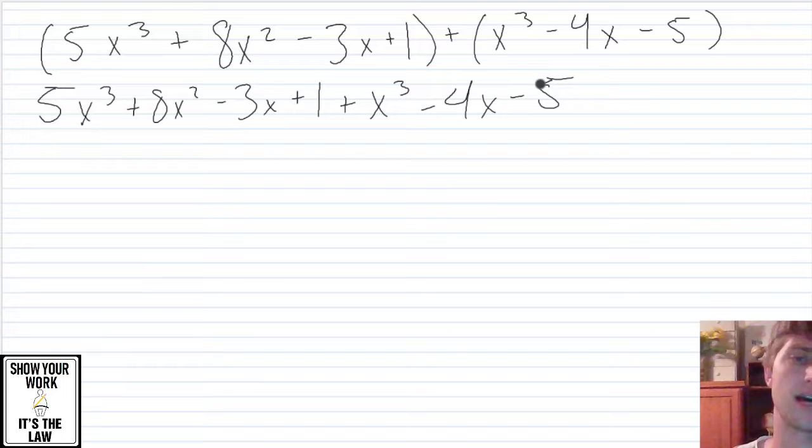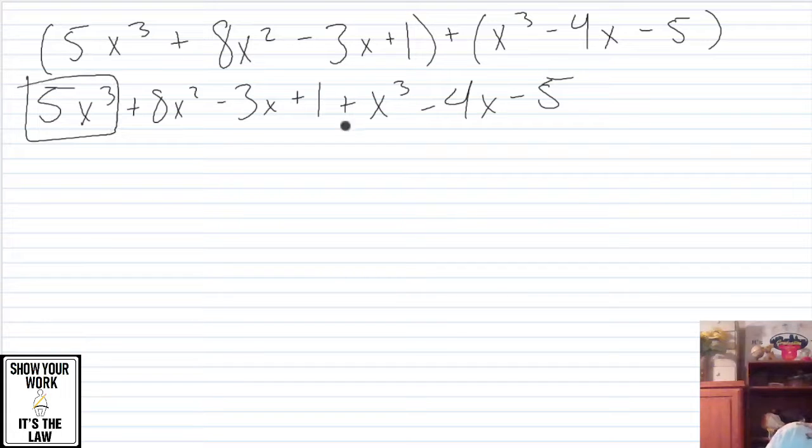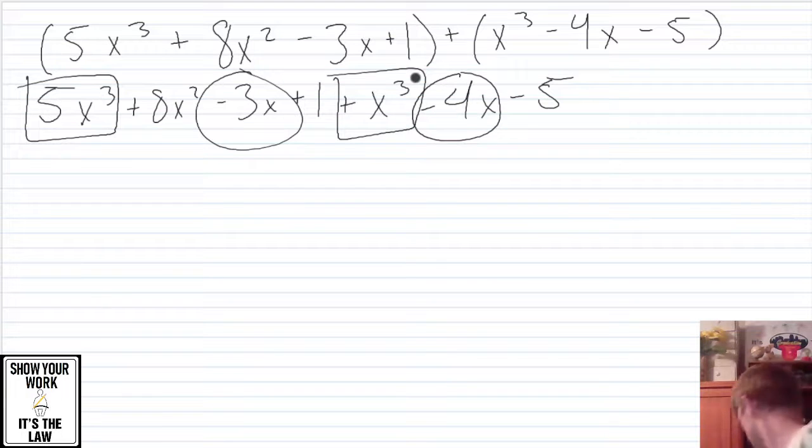We can only combine things that have the same variables and the same exponents on those variables. So what some people like to do is make shapes around the things with the same variables. We'll do squares for the x cubeds, circles for the x's, and we'll do underlines for the nons.